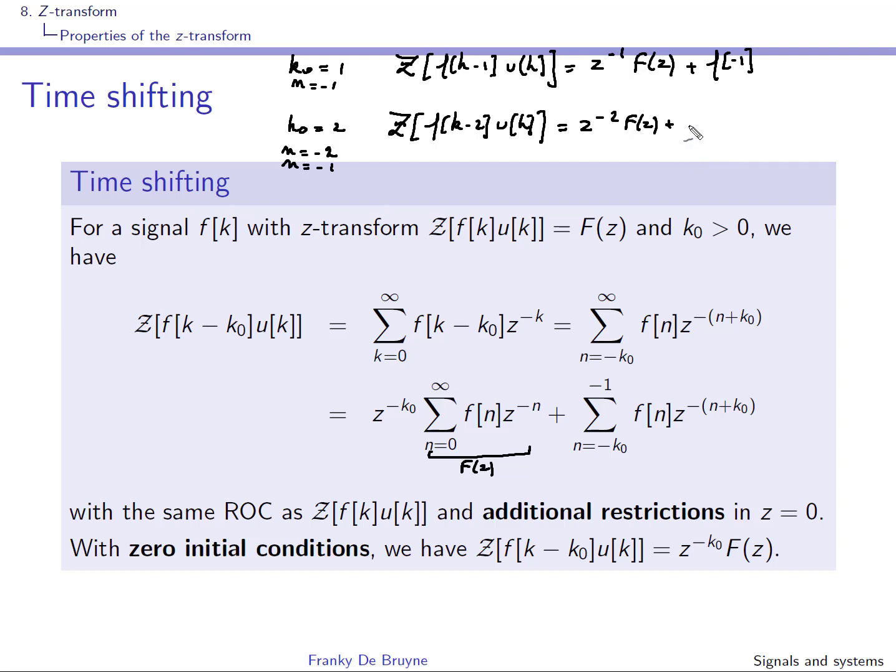So you'll have f of -1. k0 is 2, n is -1. Okay, so this is giving 1, so it's z to the minus 1. And then let us consider the term where n is equal to -2. So we'll have plus f of -2. And here k0 is 2, n is -2, z to the 0, so it's 1.